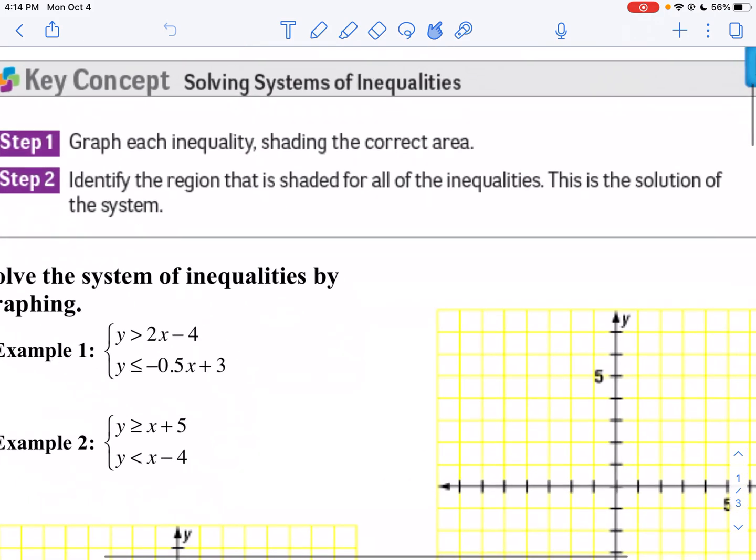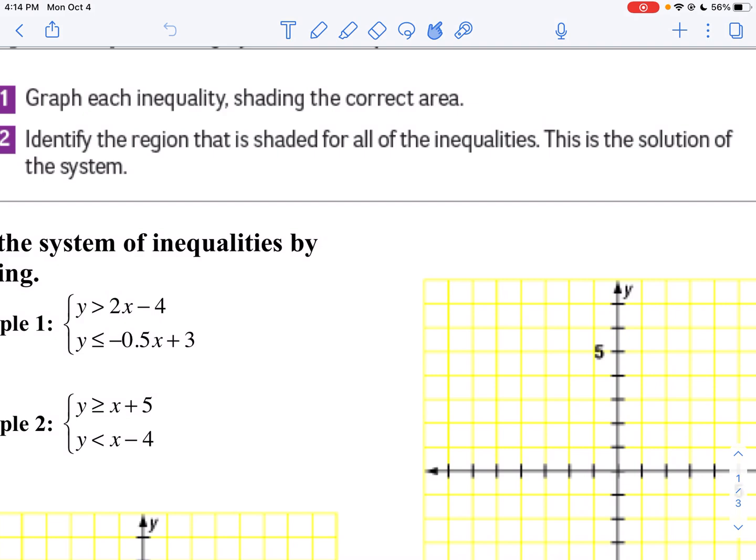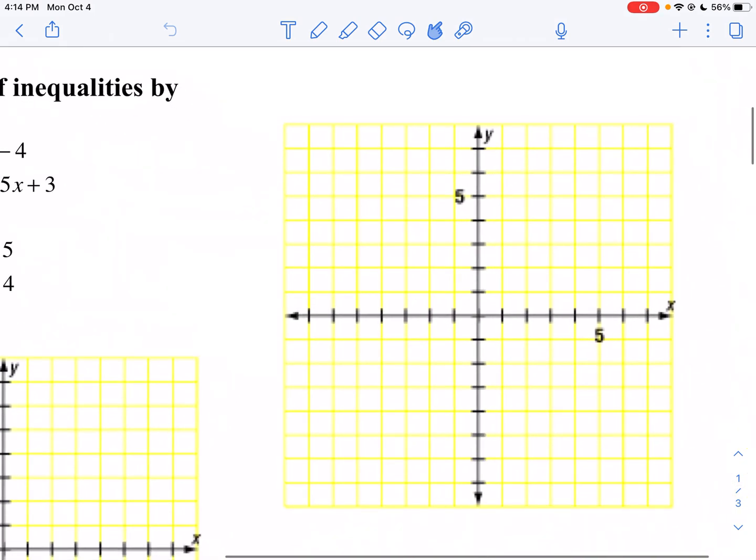So if we take a look at example 1, I'm going to start by graphing y is greater than 2x minus 4. So I'm going to take a look here. My y-intercept is negative 4, so I'm going to go down 4. My slope is 2, so from that point I go up 2 to the right 1.